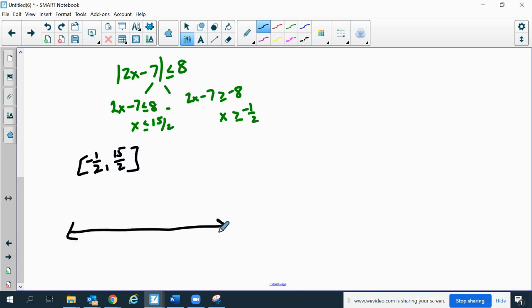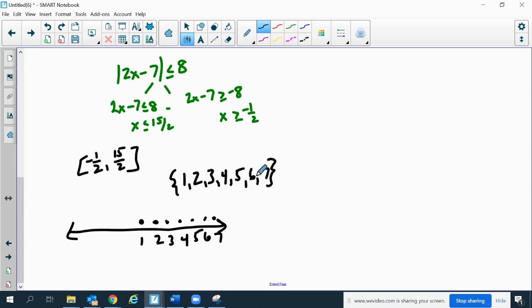I just have to restrict this to make sure that I only have integers. So the first integer that I would get is 1, 2, 3, 4, 5, 6, 7, because 15 halves is bigger than 7, so I can't get to 8. So I would write it as 1, 2, 3, 4, 5, 6, and 7.